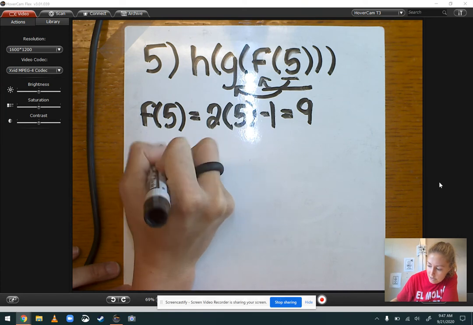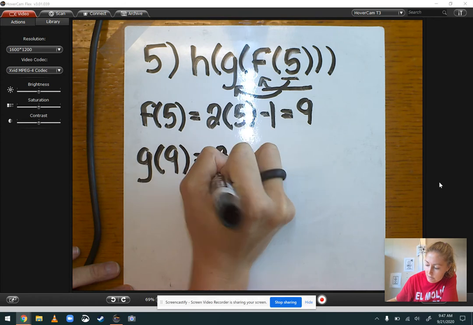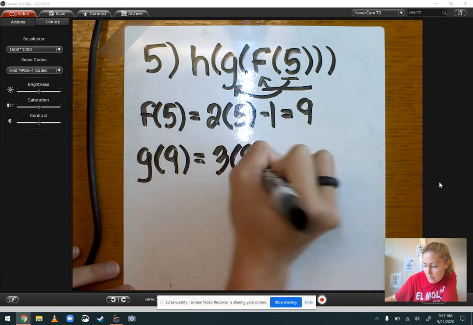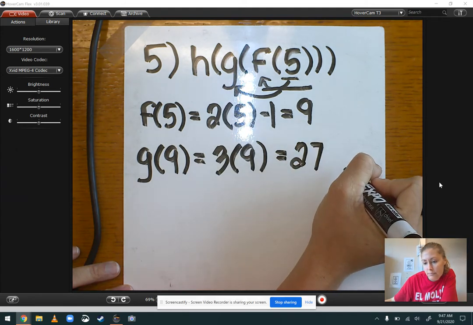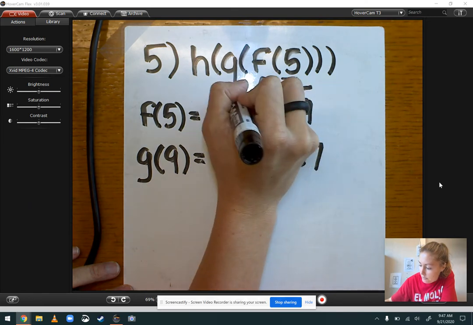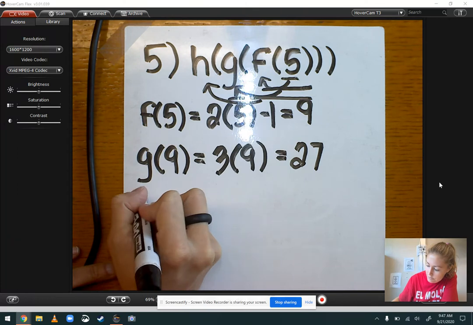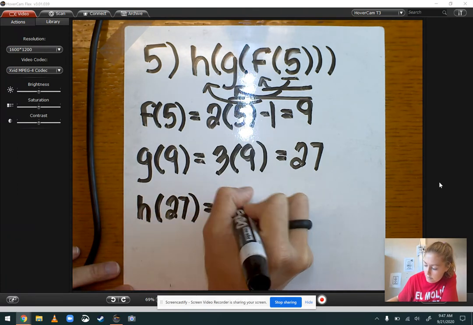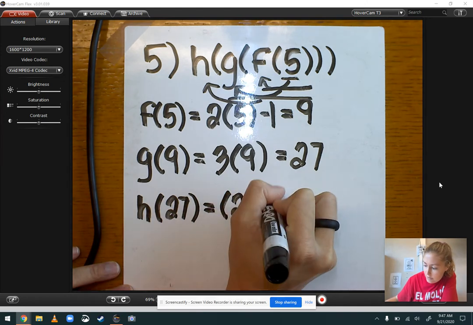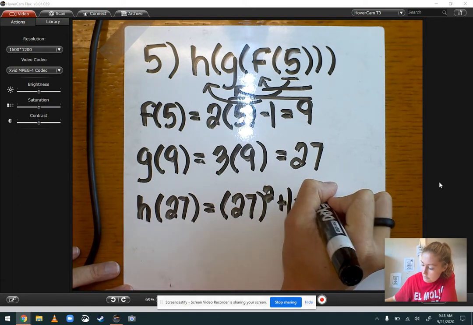Now we're doing g of 9. That's 3 times 9, which equals 27. Then we plug that value into the h. So h of 27 is equal to 27 squared plus 1, which equals 730.